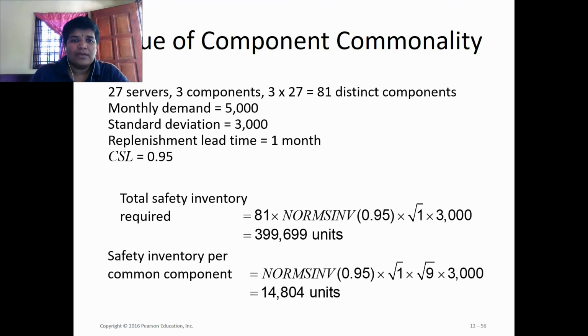These are all given numbers. You just plug in all the numbers and you will get a total safety inventory required of 399,699 units. Safety inventory per common component, again plugging in all the numbers, will be 14,804 units.